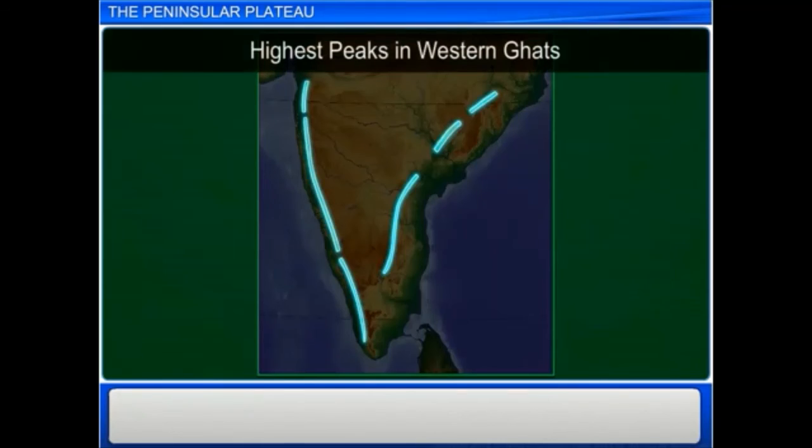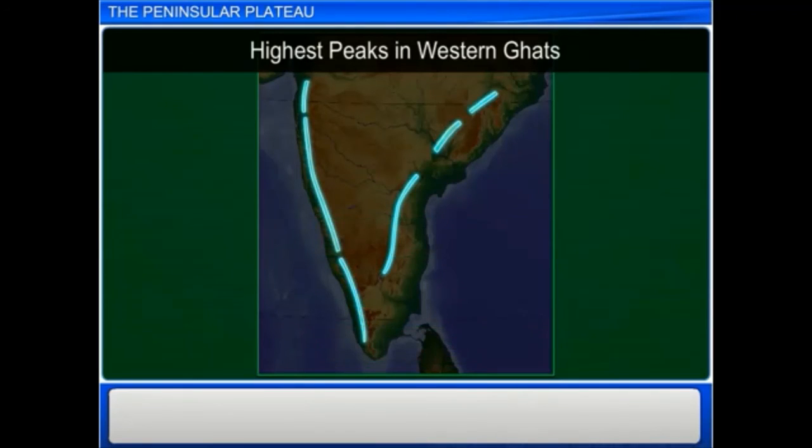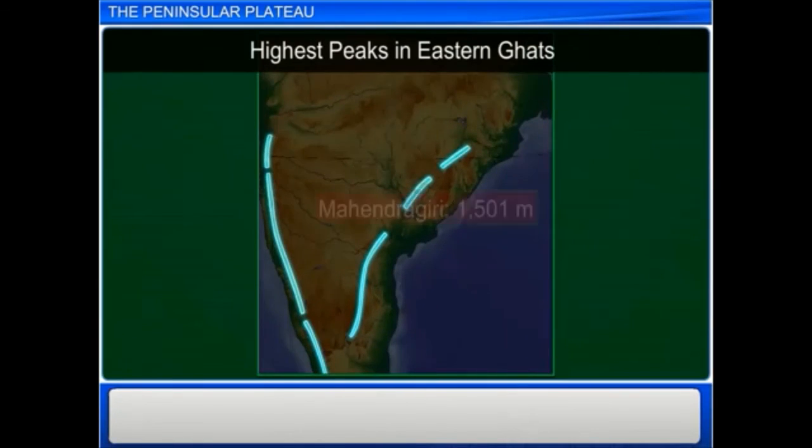The highest peaks include the Annaimudi Peak, which is 2,695 meters tall, and the Dodda Beta Peak, which is 2,637 meters tall. Compared to this, the highest peak in the Eastern Ghats is the Mahendragiri Peak at 1,501 meters.